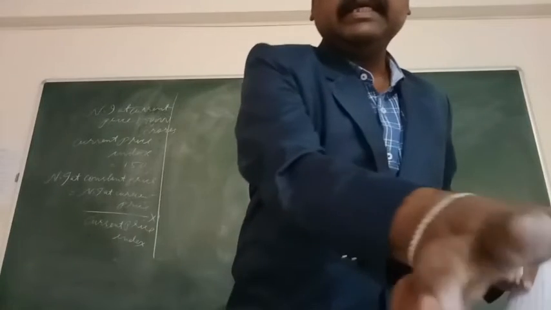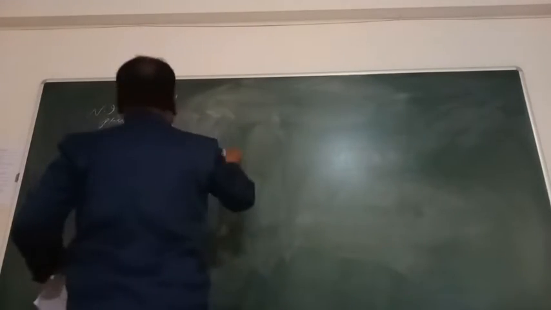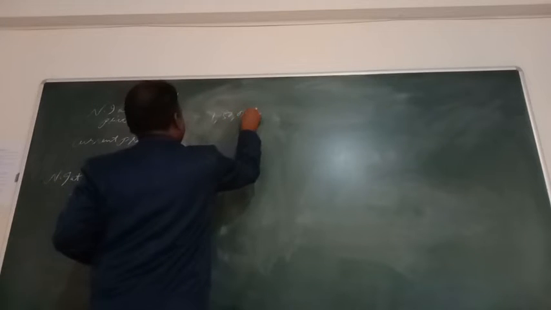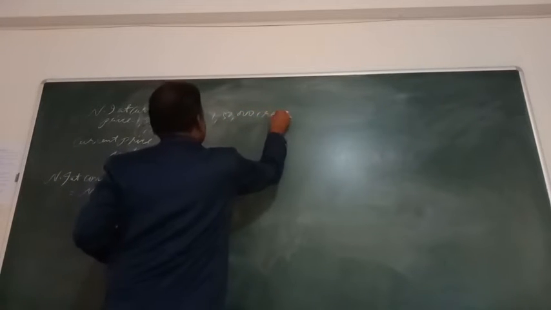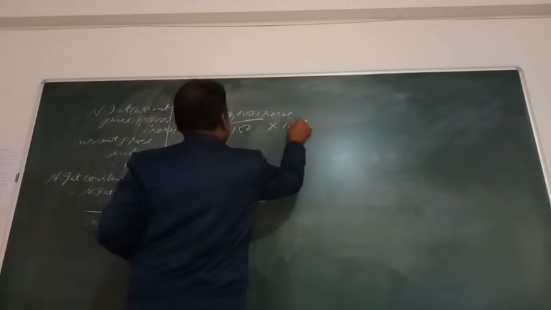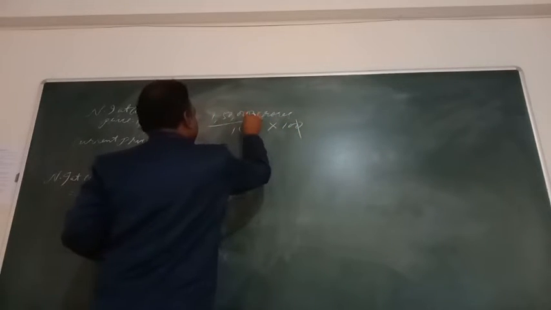Now listen, here the answer is 1,50,000 crores upon 150 multiplied by 100.